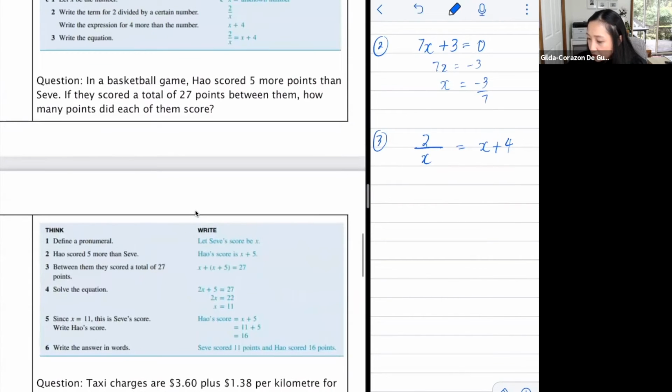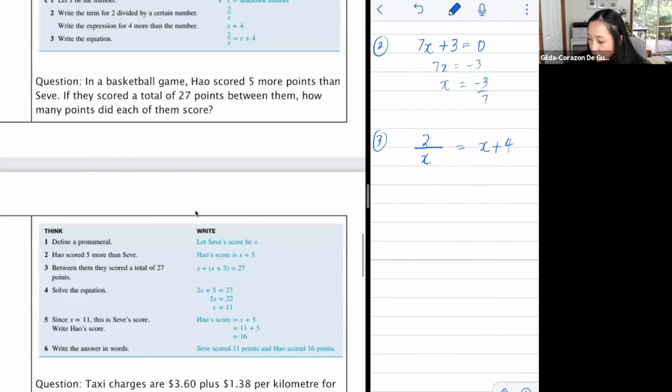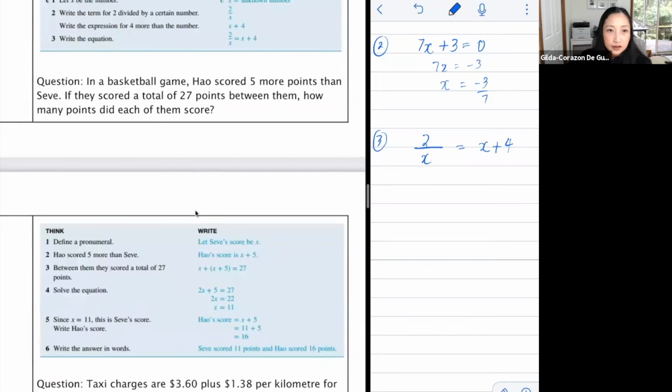If they scored a total of 27 points between them, how many points did each of them score? So this one here, you've got two things involved, but you don't have to use two variables here, because you can represent the other one using the score of Steve using the score of Howe.